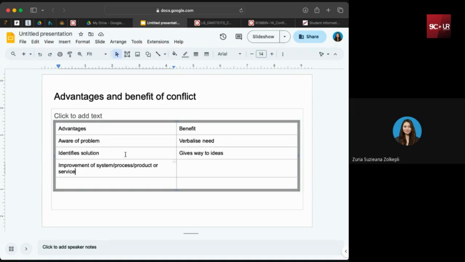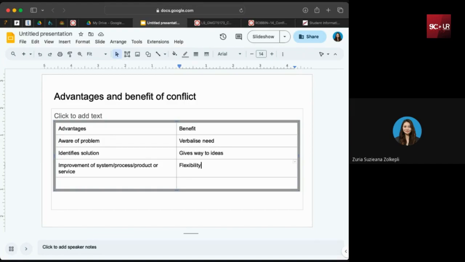Right, and then the benefit is maybe we can give a little bit of flexibility, like I said earlier. When we are in a workplace, sometimes we are too set, because we have been working and we know the way that we work. Maybe there are times that you've heard people say, okay, I know what I'm doing.